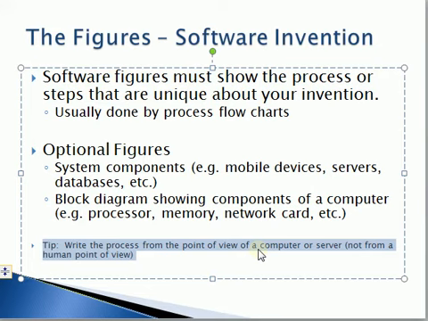So maybe the first thing the processor does is it receives some sort of query. Maybe it receives a query to update a friends list or search for a certain friend from your friends list or from a database. So just keep that in the back of your mind, that you're going to want to write the steps from the point of view as if you were the computer or the processor doing the work.